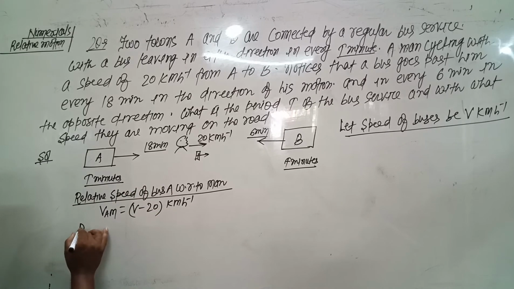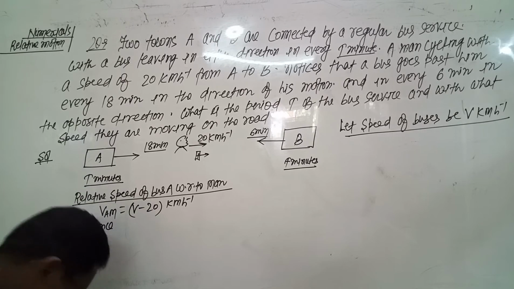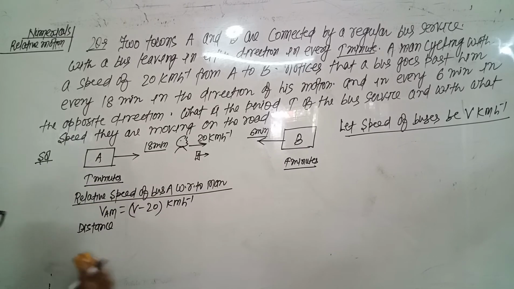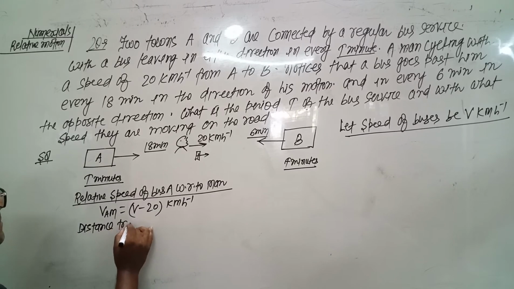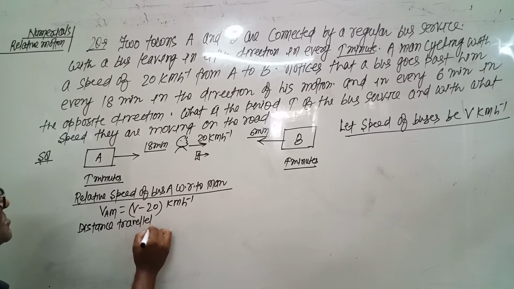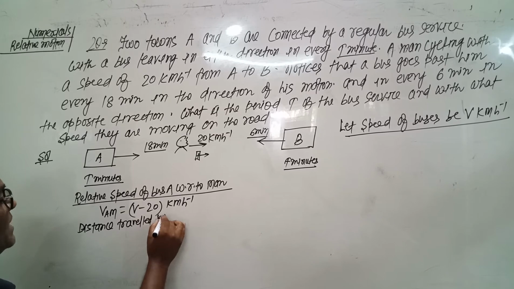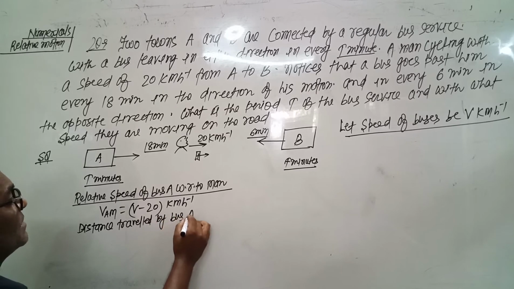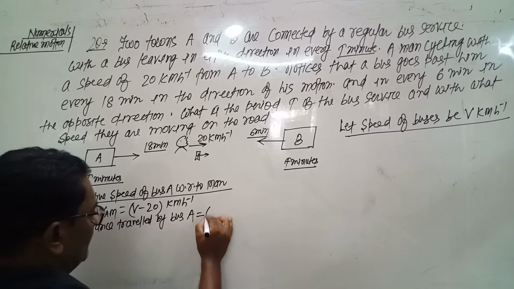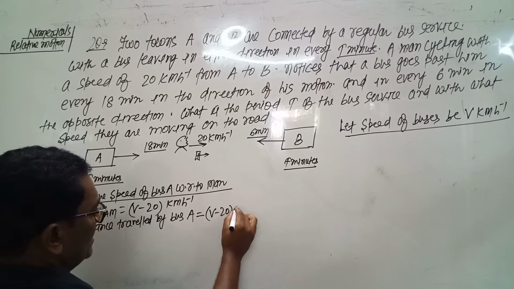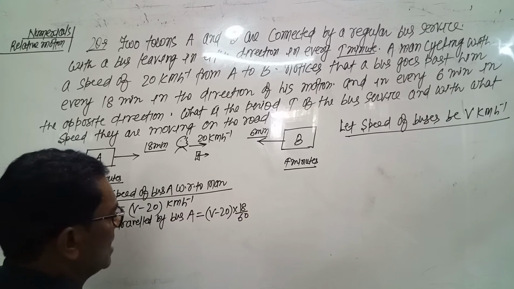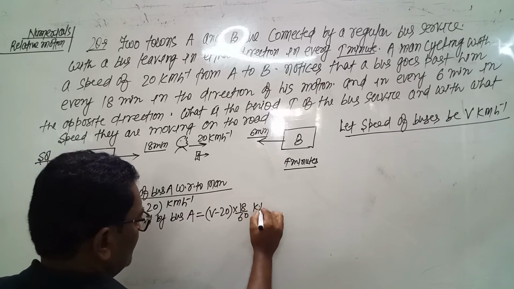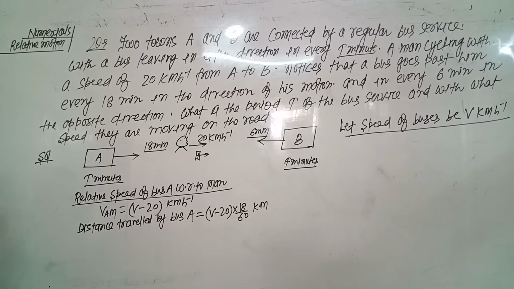So distance traveled by bus A equals speed into time. Speed is v minus 20 and time is 18 minutes. Convert it into hours, so this is (v minus 20) into 18 by 60 km.